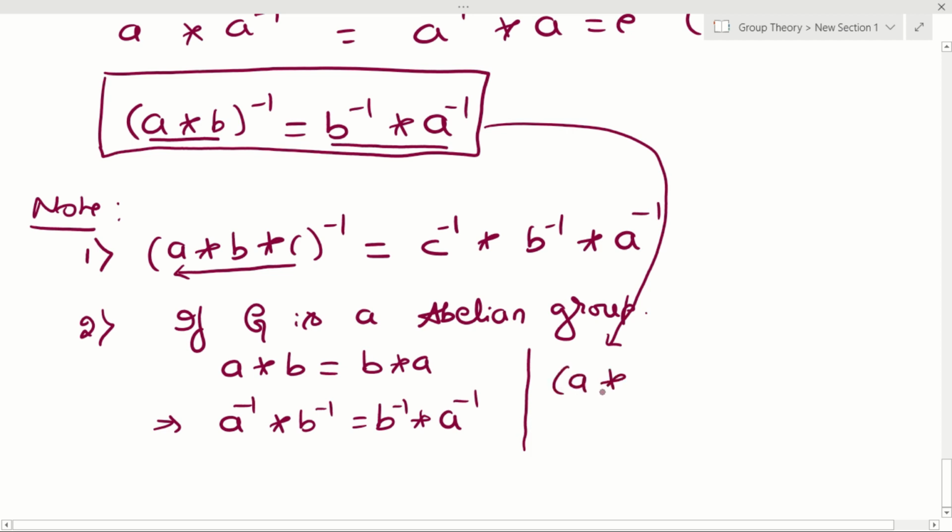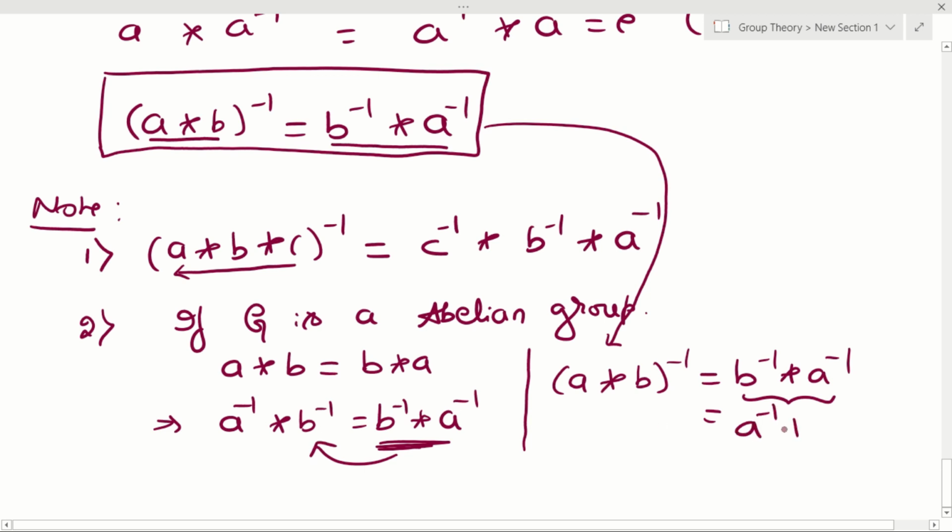Therefore, considering the reversal law, what is A star B whole inverse? That is equal to B inverse star A inverse. But B inverse star A inverse can be written as A inverse star B inverse. Therefore, we get A star B whole inverse is equal to A inverse star B inverse.